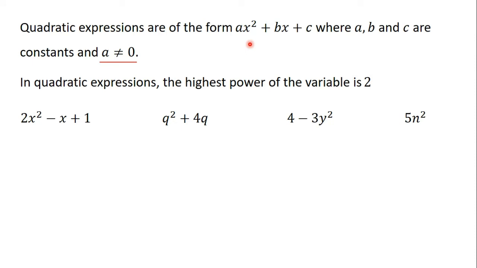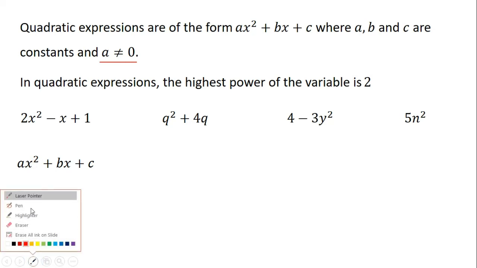If you consider the general form for a quadratic expression, that is ax squared plus bx plus c, we can see that a is the coefficient of x squared. So a is the coefficient of the squared term. If a is equal to 0, then we will have 0x squared, and 0x squared will give us 0.